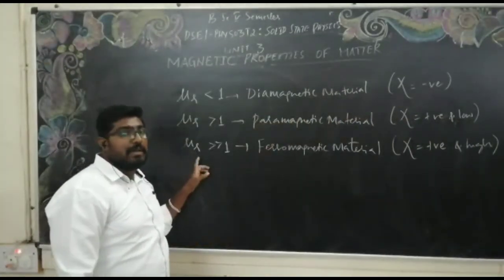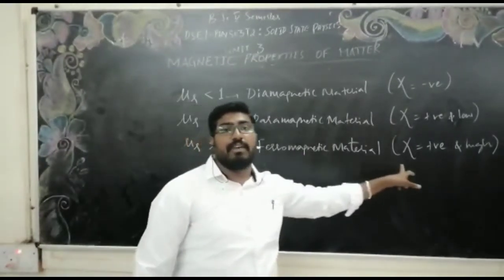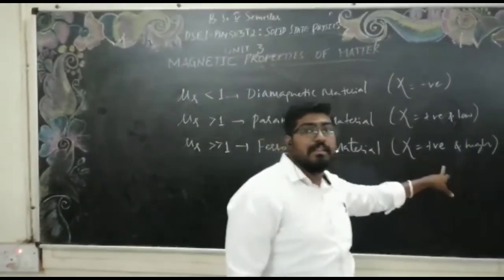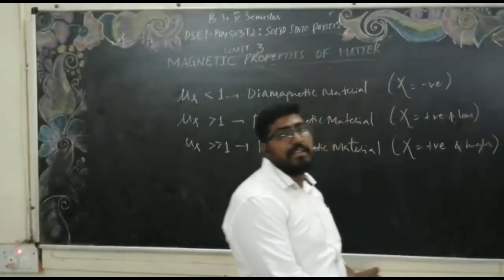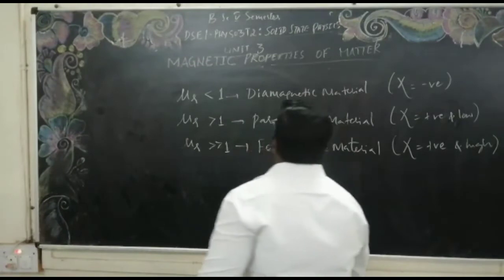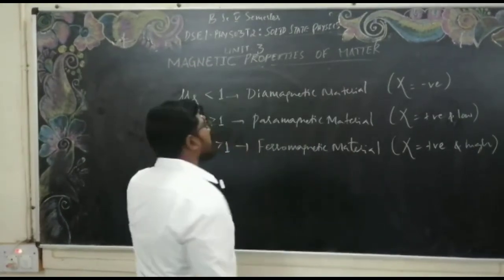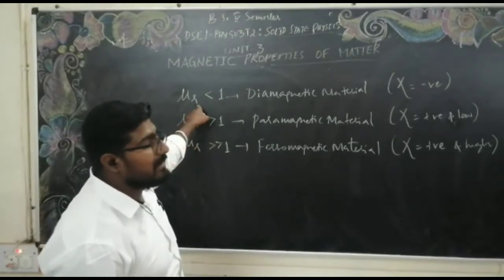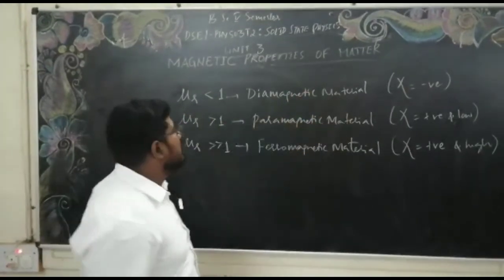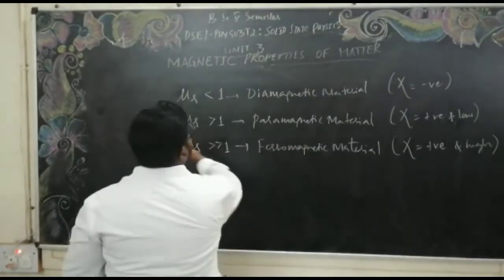If the relative magnetic permeability is much greater than 1 and the susceptibility is positive and high, the material is ferromagnetic. So this is how different substances are classified on the basis of relative magnetic permeability as well as susceptibility.